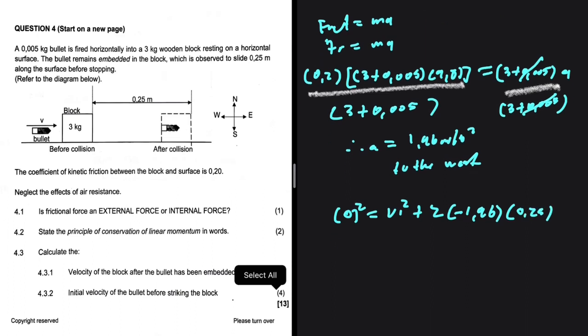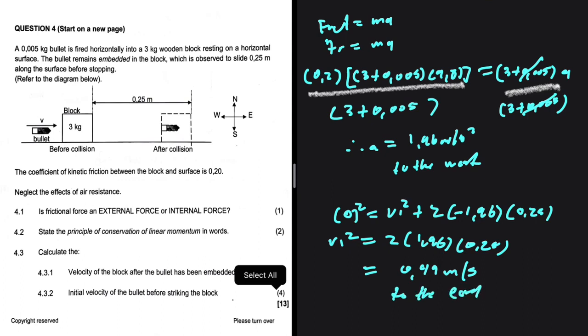Solving this, VI squared equals 2 multiplied by 1.96 multiplied by 0.25. Now it is just a matter of taking square roots on both sides. We get 0.99 meters per second to the east as the initial velocity of the bullet block system.